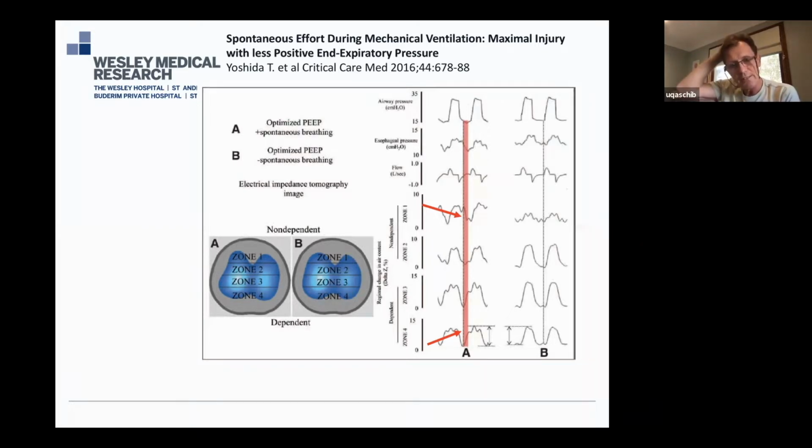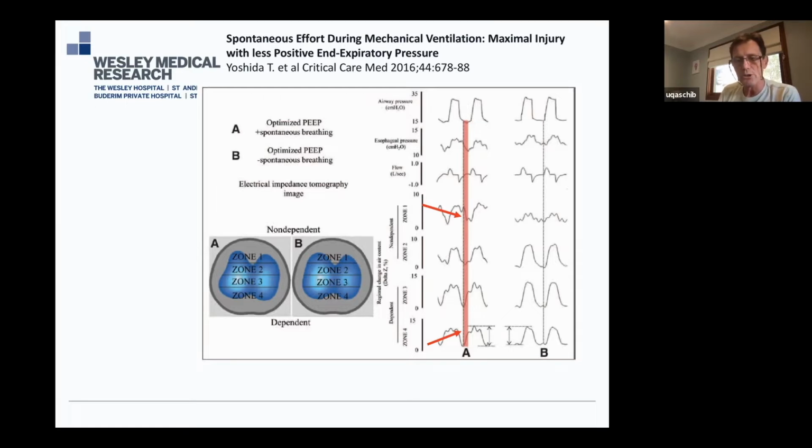You can see that during this spontaneous breathing, we have again a similar behavior of the ventilation distribution towards the dependent lung. That means the volume uptake in the dependent lung goes first and is then followed by zone 1 later on.